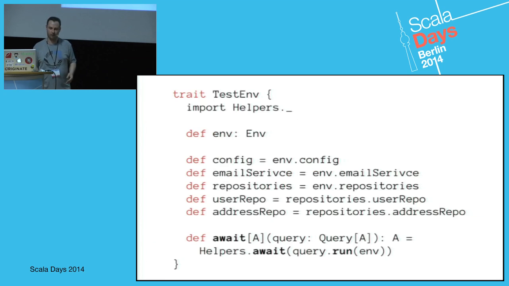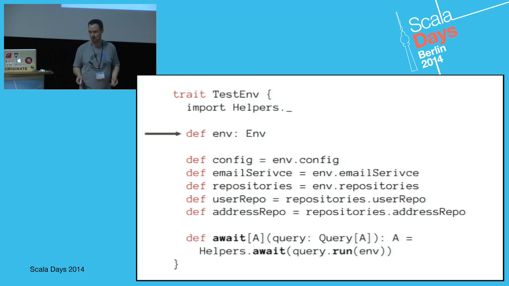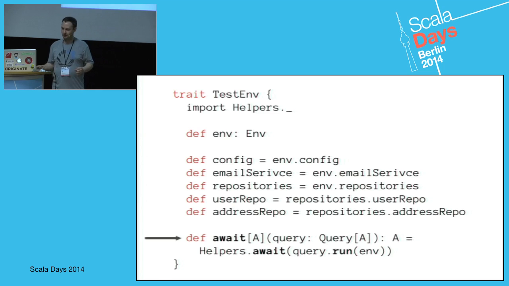So then I created a helper, a test environment helper, where I define an abstract environment. This might not be strictly necessary. I put it there so that in some tests, if I want to test a particular dependency that's using another dependency, I can not mock that, but mock the other ones. And then I defined an await helper that awaits on a query instead of a future.